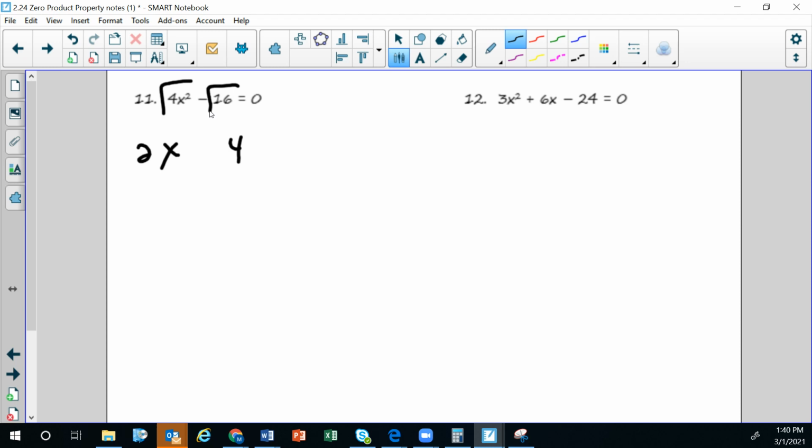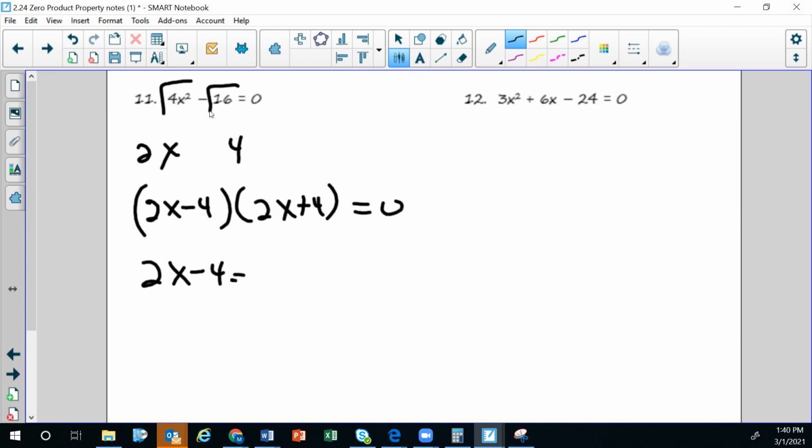All right, and so my factors are going to be 2x minus 4 and 2x plus 4. Again, this is the difference of perfect squares, and that is equal to 0. And if I set each factor to 0, I'm going to get 2x minus 4 is equal to 0.